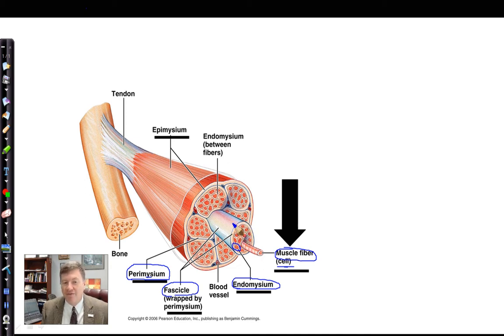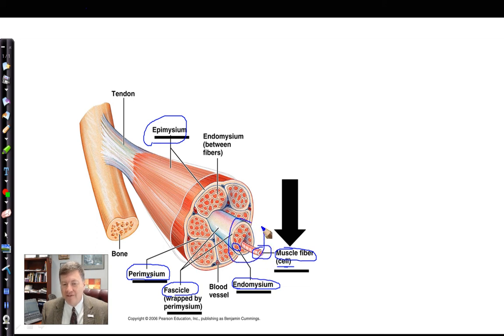But I have these, here's a fascicle, here's a fascicle, here's a fascicle, here's one. I can have all of those wrapped in this tissue. This is called the epimysium. So this represents the crate. So let's go back. Here's my drinking straw. The straw is wrapped with an endomysium.